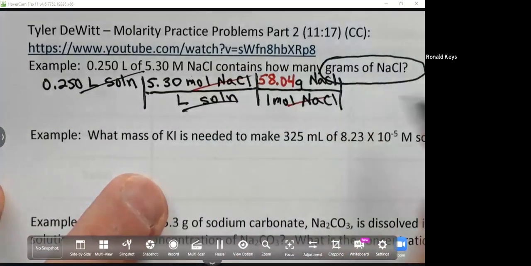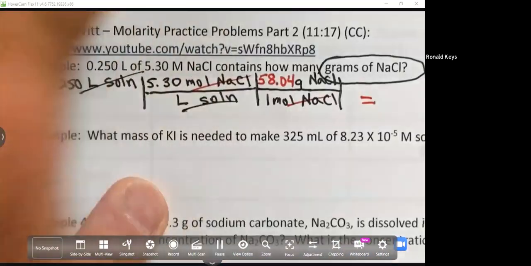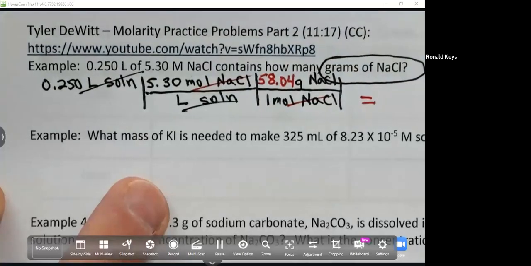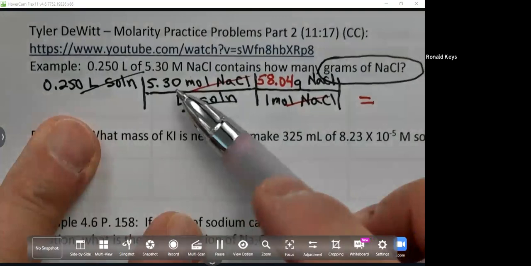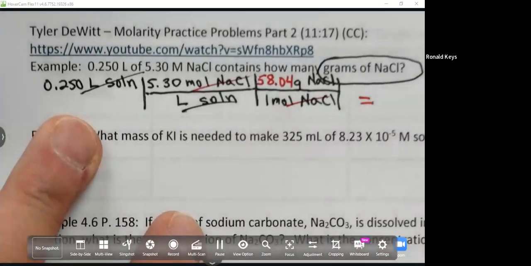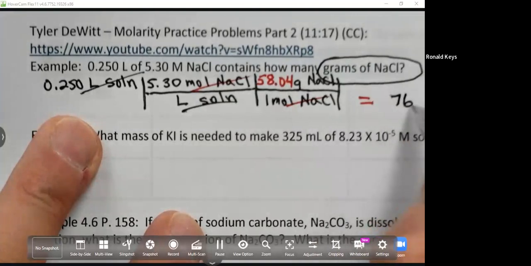Moles cancel out. And that should get us to 3 sig figs, 3 sig figs, 3 sig figs, 4 sig figs. 76.9 grams of NaCl.